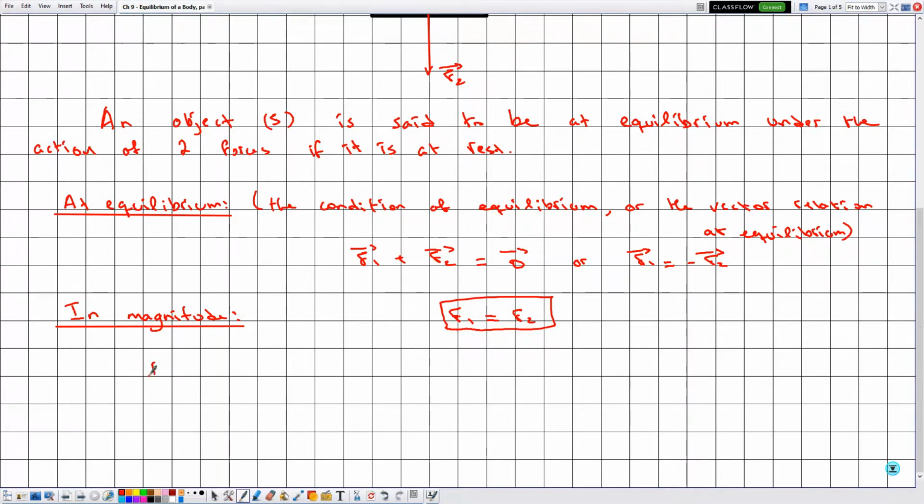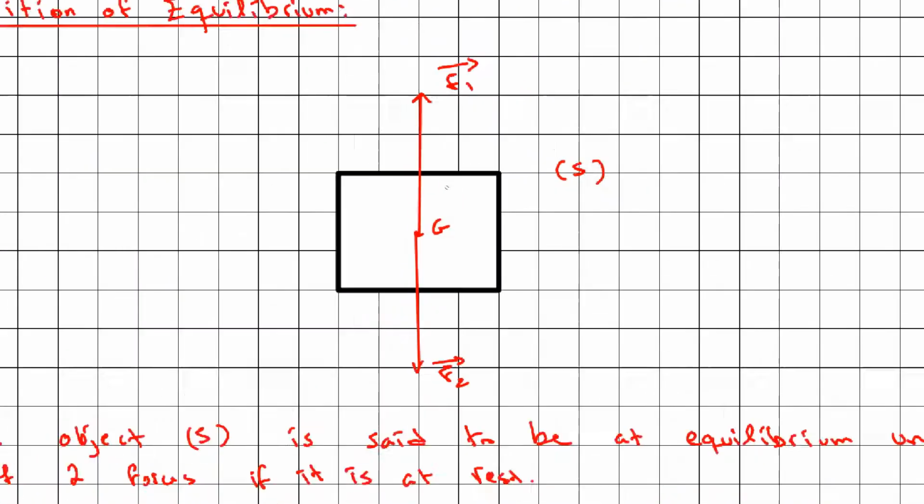In this case, F1 and F2 vectors have the same line of action, which is vertical.